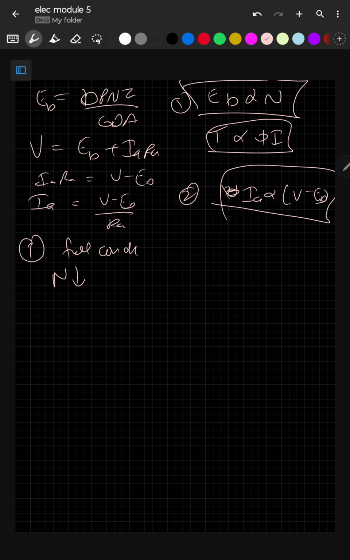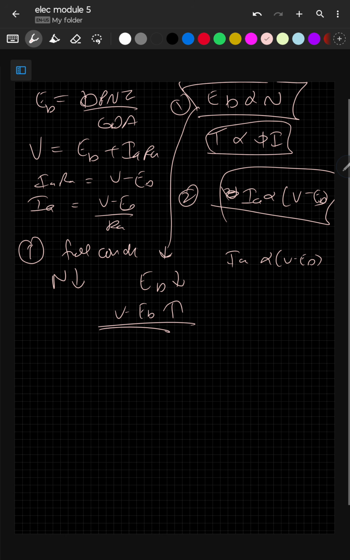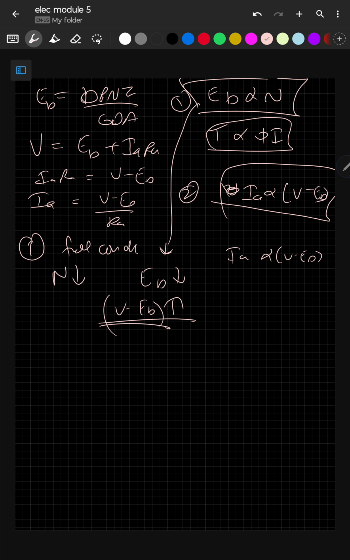Because as the speed decreases, back EMF also decreases, as EB is exactly proportional to N. As IA is exactly proportional to V minus EB, as EB decreases, V minus EB will increase. Makes sense? EB will decrease, so the difference of V minus EB will increase. As V minus EB increases, the armature current increases. So more current is drawn to satisfy the load condition.